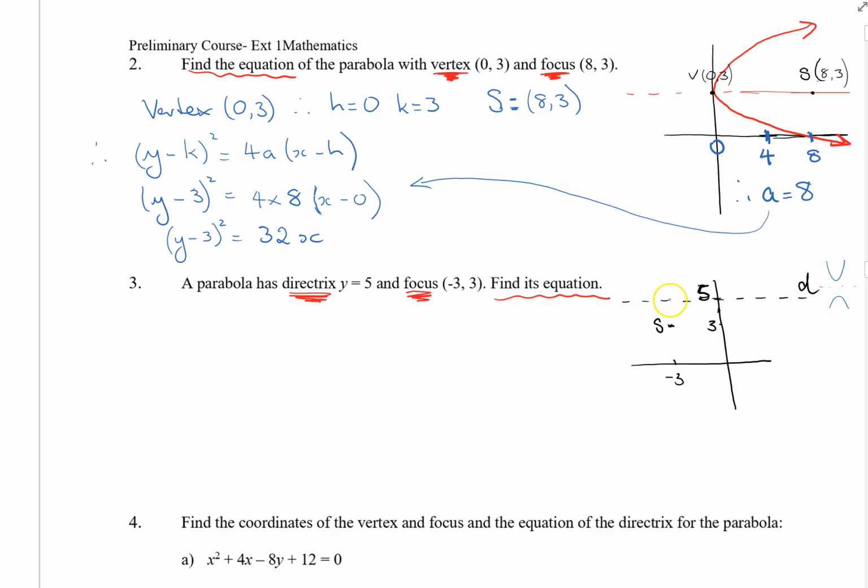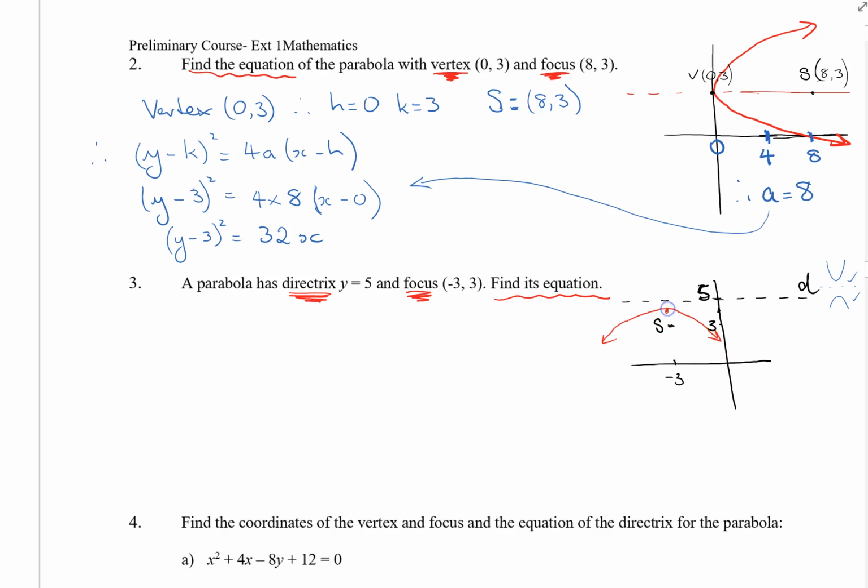The only thing I do know is that the directrix line has to be outside the parabola and the focus has to be inside the parabola. And I've already established this. So probably putting those pieces of information together, you can see that the parabola has to go like this.